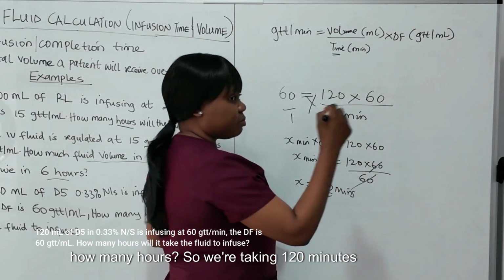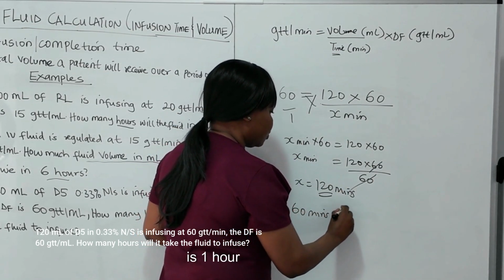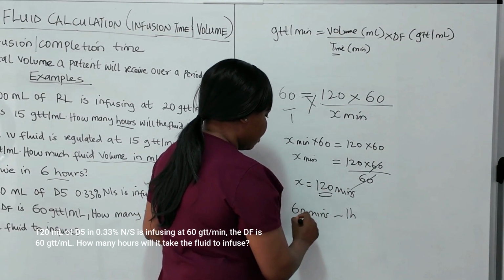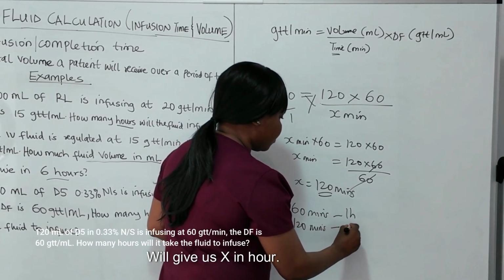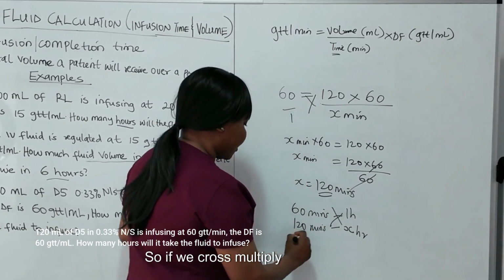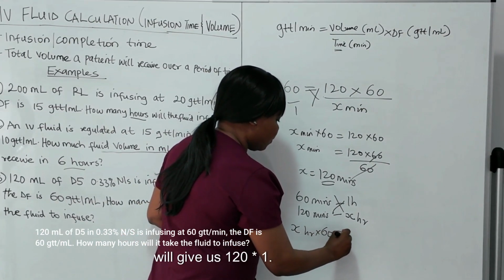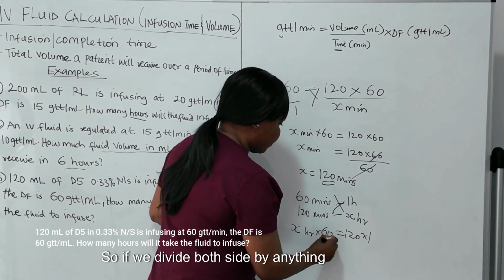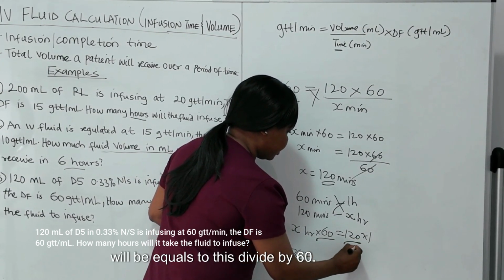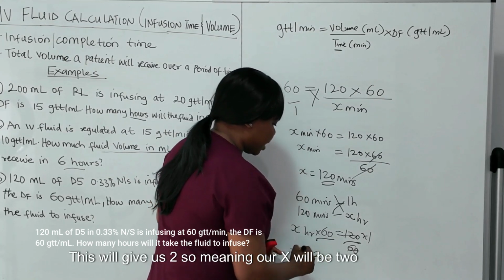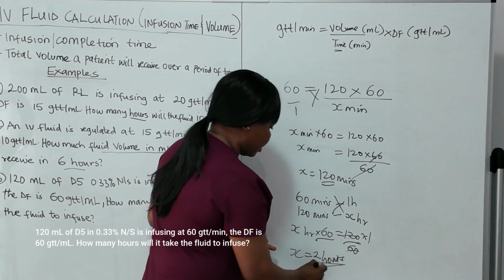We know that 60 minutes is 1 hour, so 120 minutes gives us x in hours. Cross multiplying, x in hours times 60 equals 120 times 1. Dividing both sides by 60, x equals 2. So x will be 2 hours. That would be our final answer.